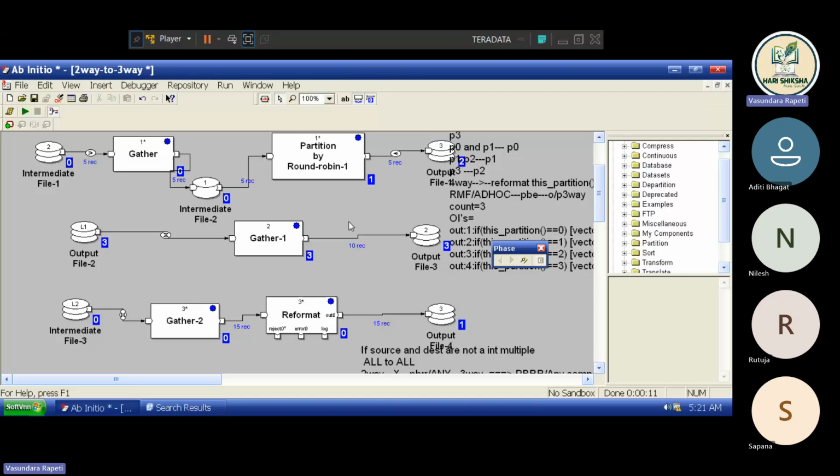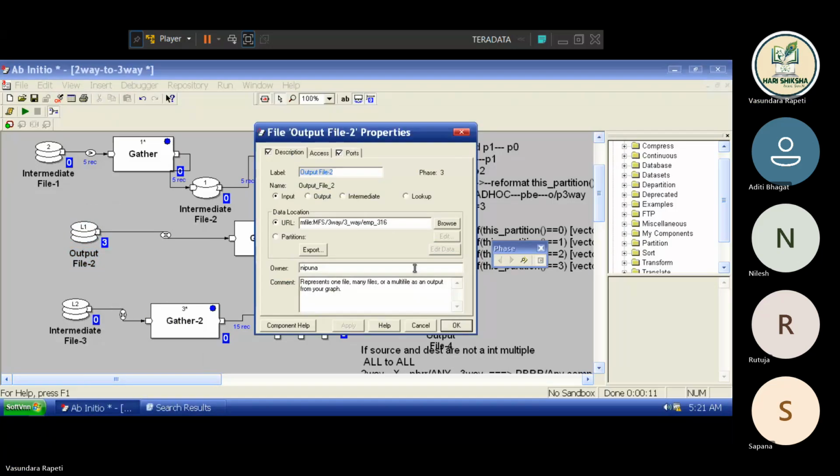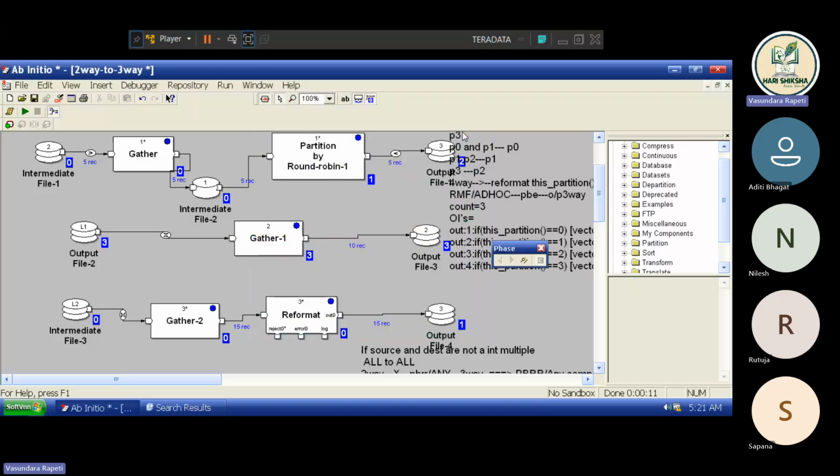This is three-way to two-way, I think. Let me check. Yeah, it's three-way to two-way. It's doing gathering and broadcasting here.